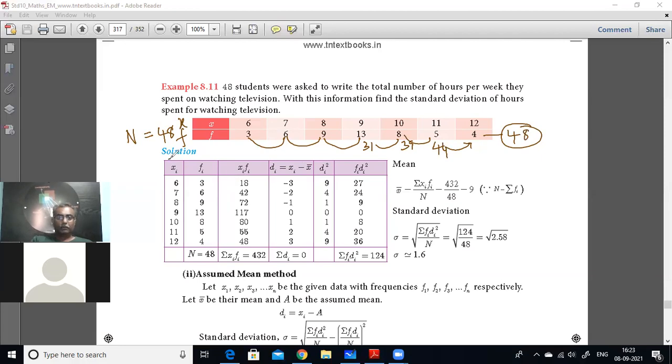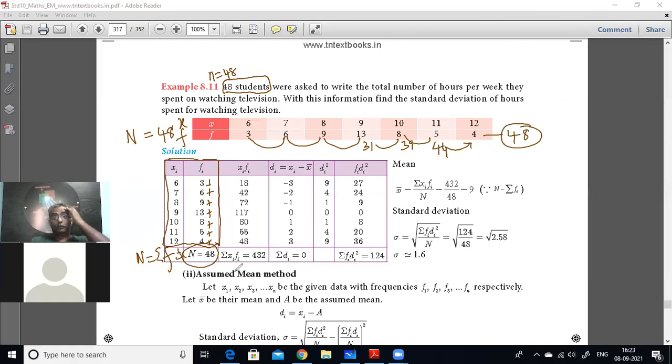Till now, you got all the existing data. Then n is equal to sigma f. When you add, you get n is equal to 48. Anyway, it's already given that n is equal to 48, so you can double check.